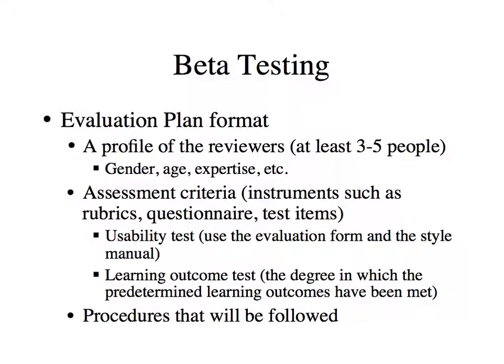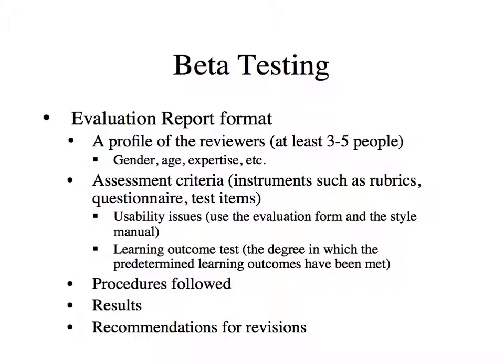The plan will have the profile of the reviewers, the assessment criteria, including any of the instruments that you're going to be using to measure whether or not they learned, and then the procedures that will be followed. And so that's sort of the plan. The report will be the same thing, past tense now, but it will also include the results and recommendations for revision. So these two things, alpha testing and beta testing, we're calling together formative evaluation.